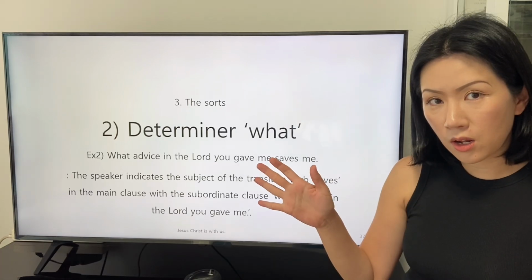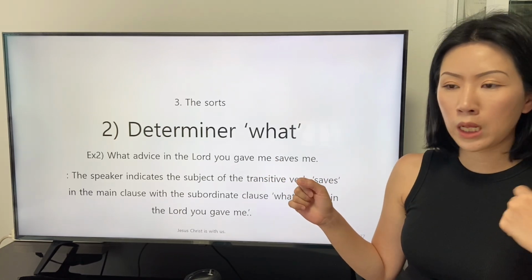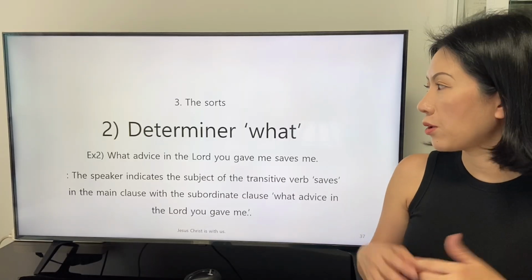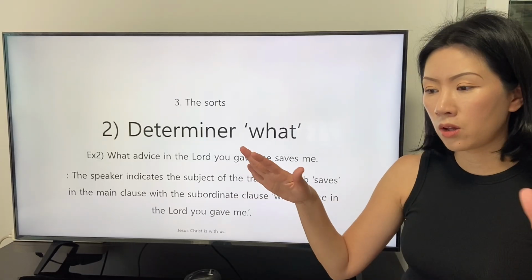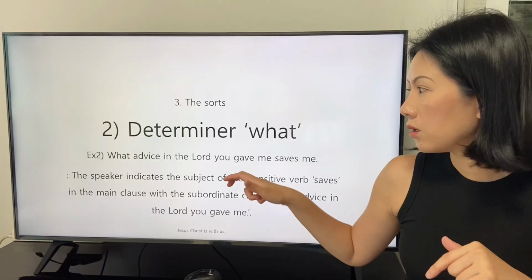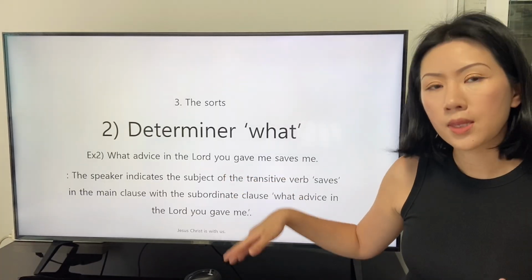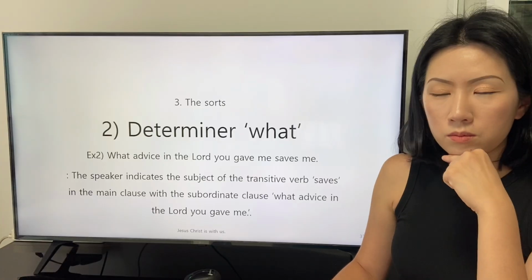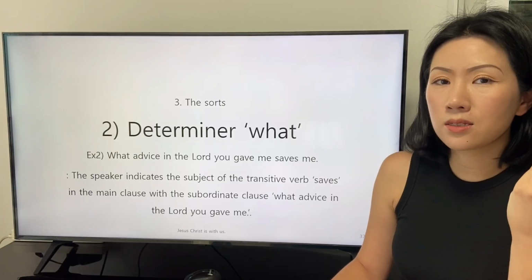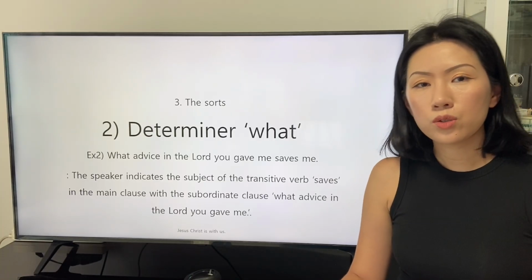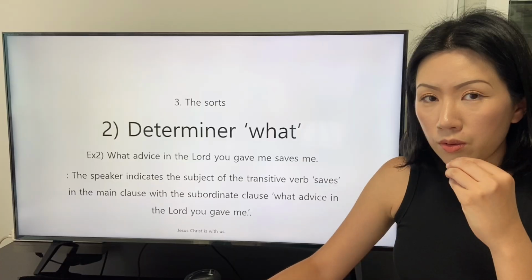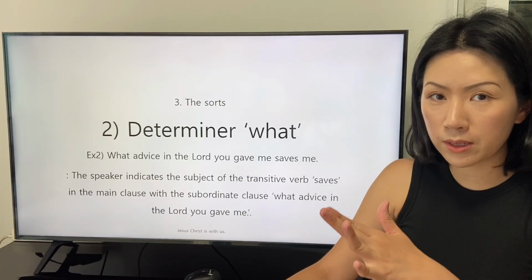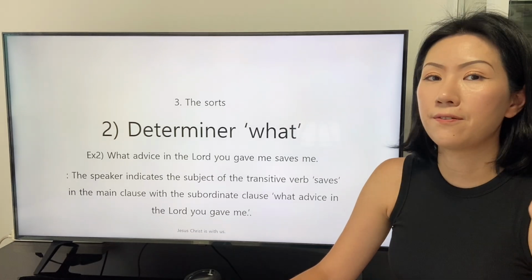From this admission, we will consider the basic premise to apply the determiner what in the subordinate clause, as we've done for the application of the determiner what as the interrogative.